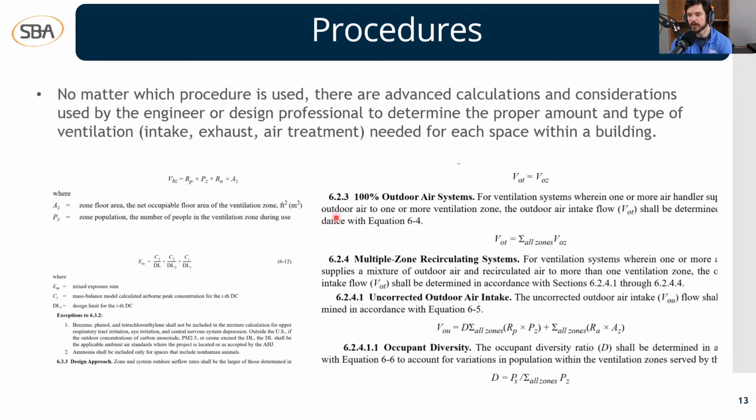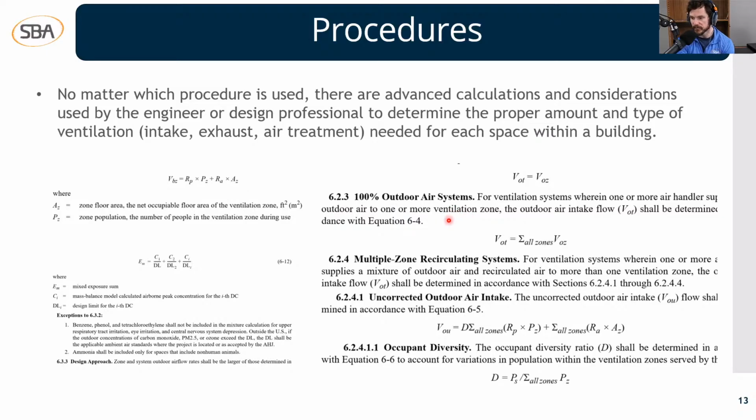Now, here are some more advanced calculations that I won't go into in too much detail, but we do have our ventilation rates where we look at our zone floor area and our population. We have all our sums or mixed sums here. And then we have some other rules where 6.2.3 talks about our 100% outdoor air systems.